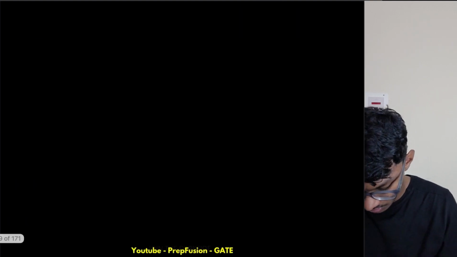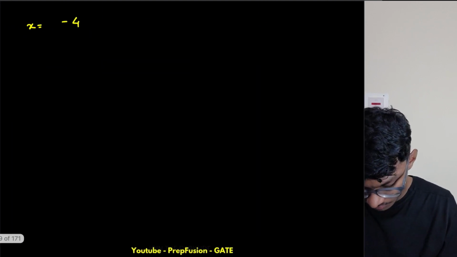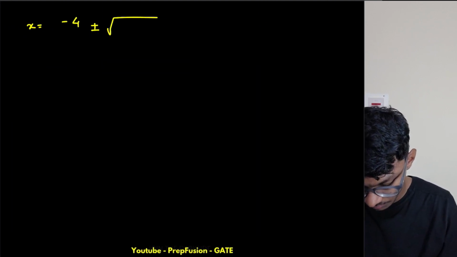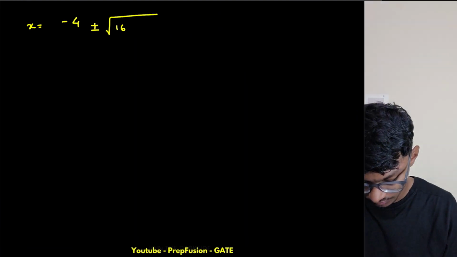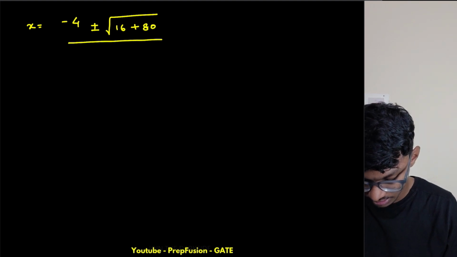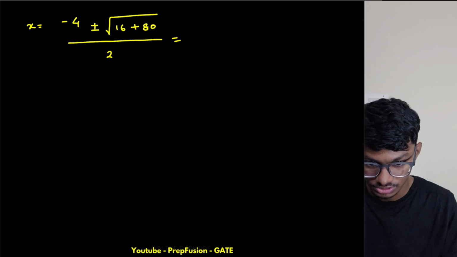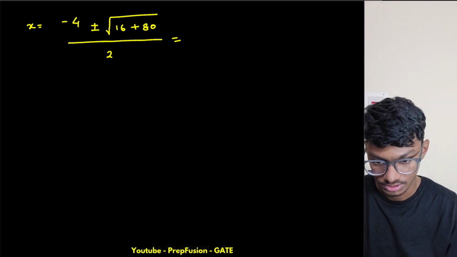So my x equals minus 4 plus minus square root of b square minus 4ac, which is simply 80. Okay, so this is 96 divided by 2a, so this is 16 times 6.